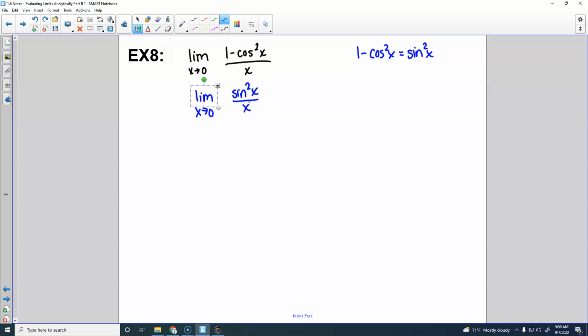If I have sine squared x, that just means sine x times sine x, right? So I could write it like this: sine x times sine x over x. Could I put this over 1? That would be alright. Just multiply it like that.